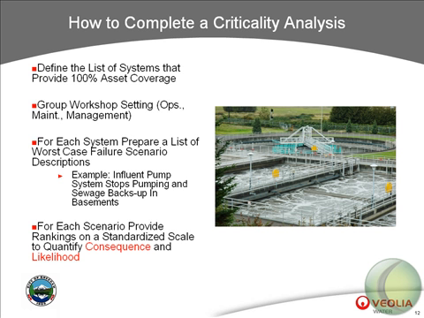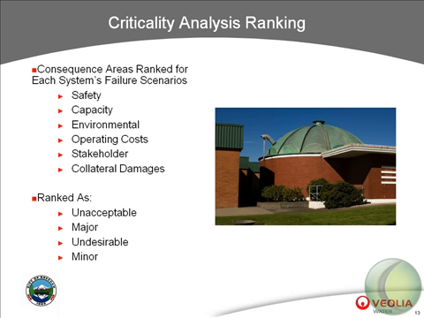Next, rank each failure scenario against an agreed upon standard scale that quantifies the consequence and likelihood. It's easiest if the consequences are broken down into key areas of concern. To develop a good list of areas of concern, it would be good to review the concerns identified in your level of service.